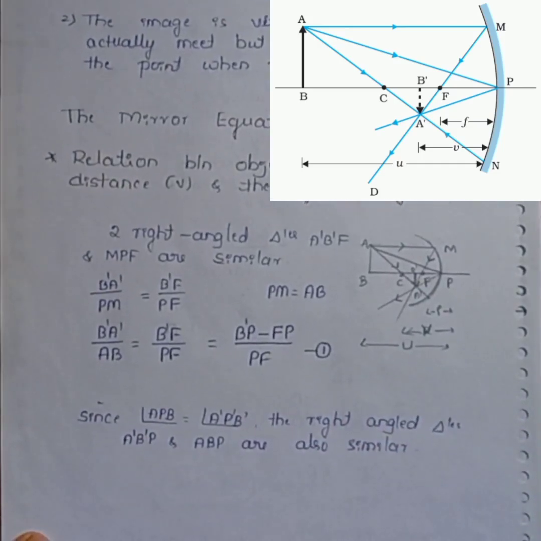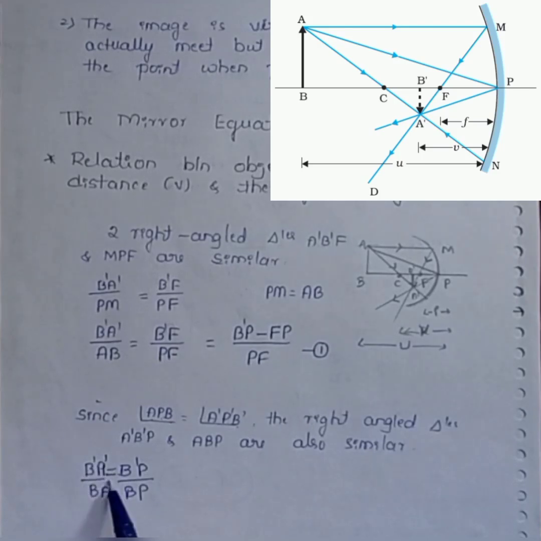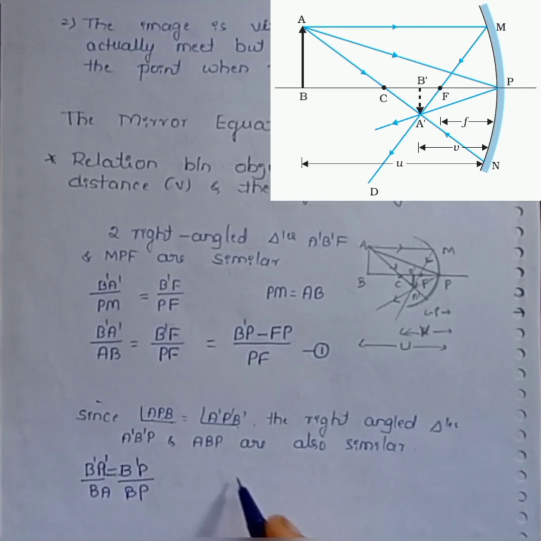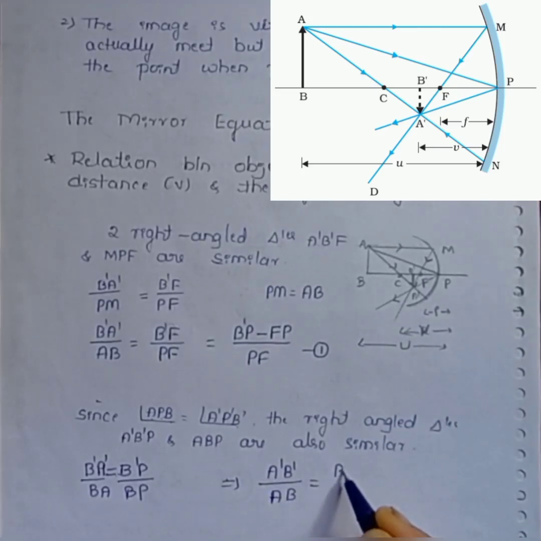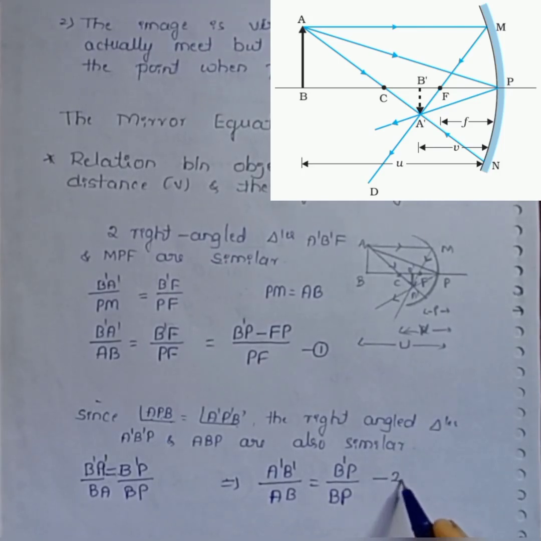This is called equation 1. Now, since triangle APB and triangle A'B'P are right angle triangles, and A'B' and AB are also similar to each other, we can write A'B' divided by AB is equal to B'P divided by BP. This is equation 2.